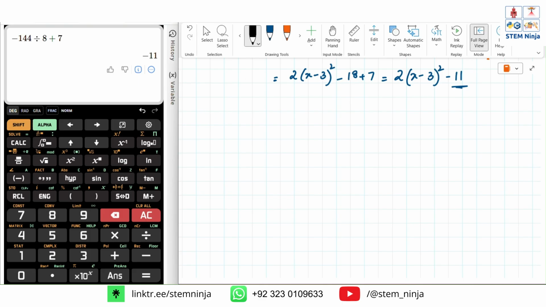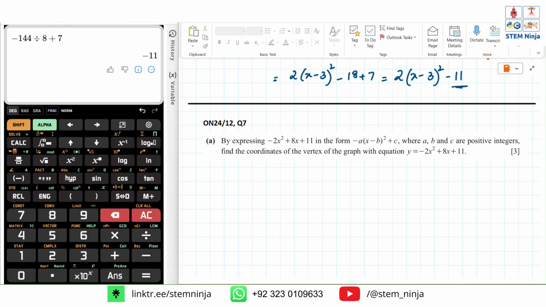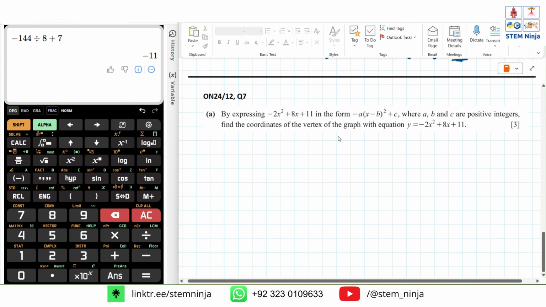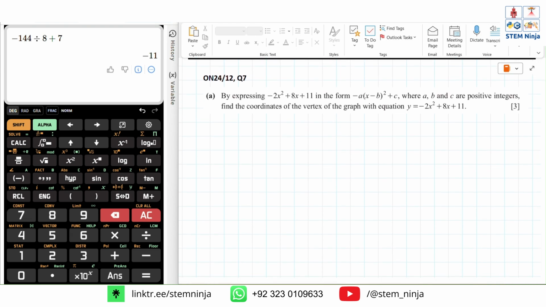Let's look at some different scenarios also. So let's look at this question. By expressing minus 2x squared plus 8x plus 11 in the form a minus (x minus b) whole squared plus c, where a, b, and c are positive integers, find the coordinates of the vertex of the graph with this equation.